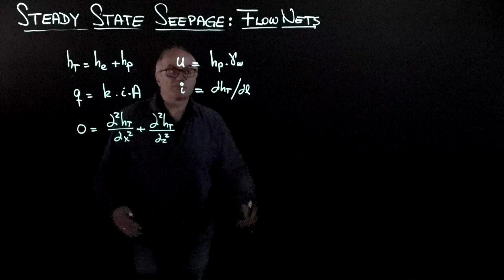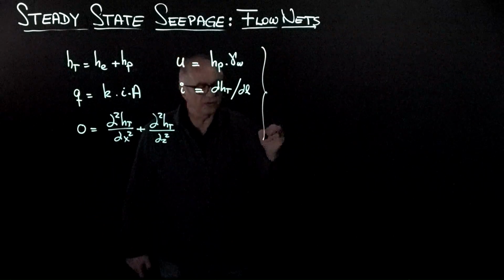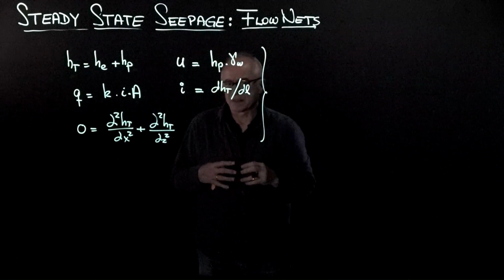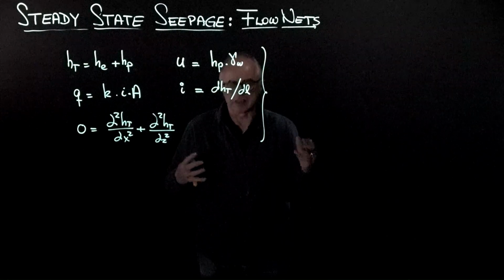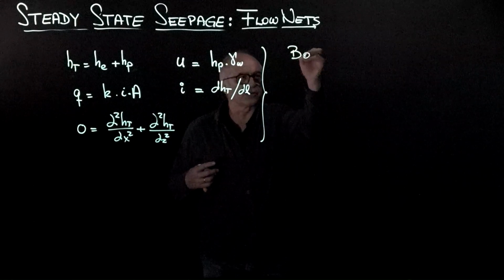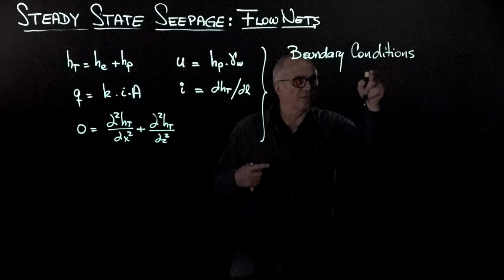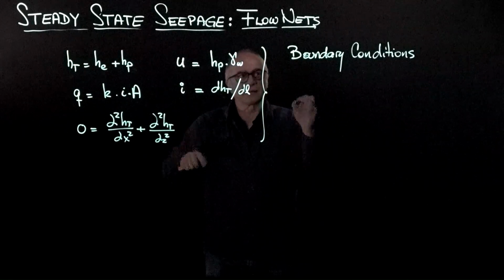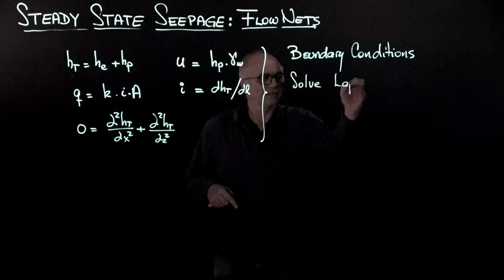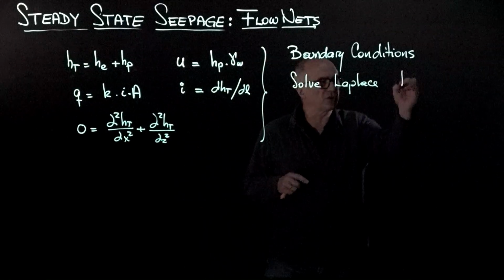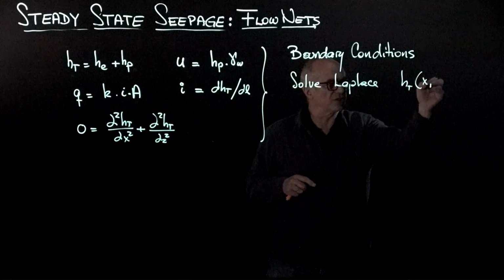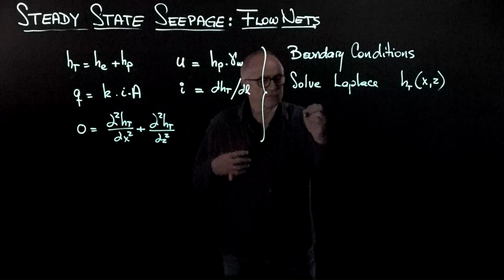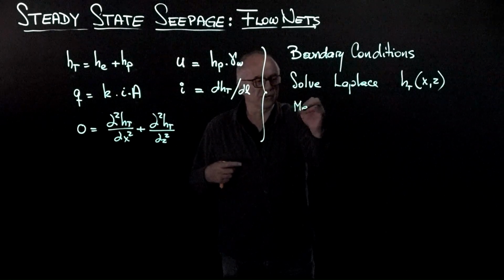And so the procedure to solve all problems in seepage and steady-state flow is basically always the same. Identify your boundary conditions, because we need to solve this differential equation. Next, solve Laplace. Once we know the total head everywhere in the region, x z, we can measure the elevation at any point.